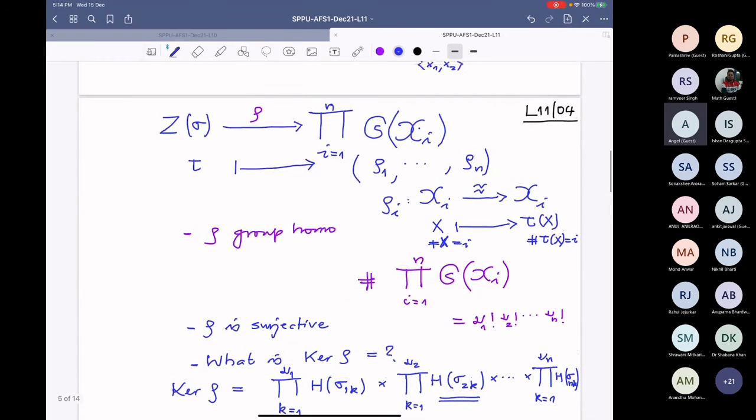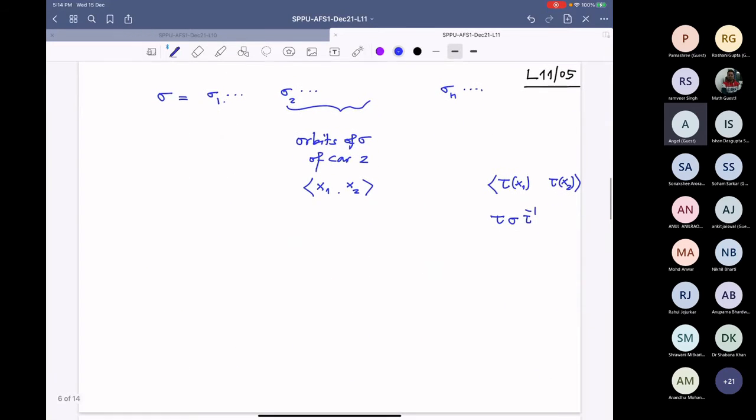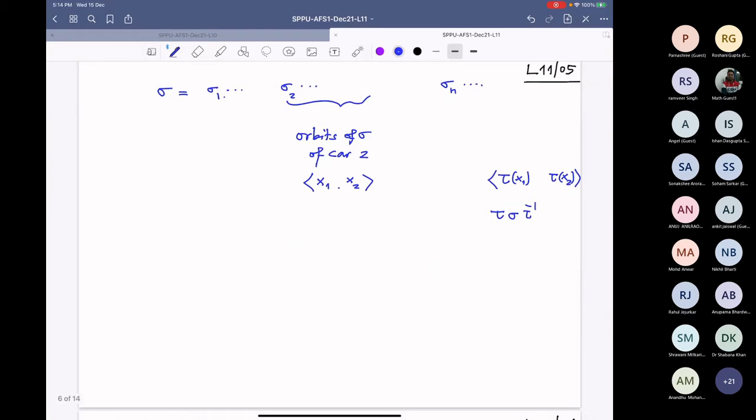This tau is going to this. So this cycle, see, the cycles are more precise than saying the orbits because it has decided the order also, which goes to which and so on. If I say the orbit is a set, you don't know who is going to which element under sigma.